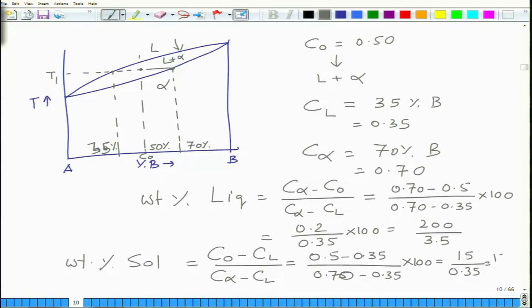So, you can say this is 150 divided by 3.5. If you add them up together, you will get 100%. So, this is what is the method of determining the weight fraction of two phases.